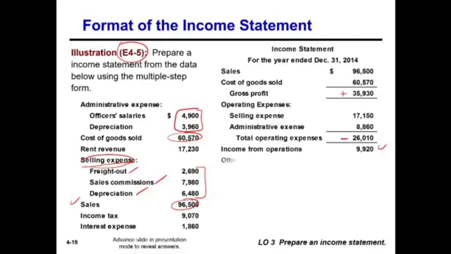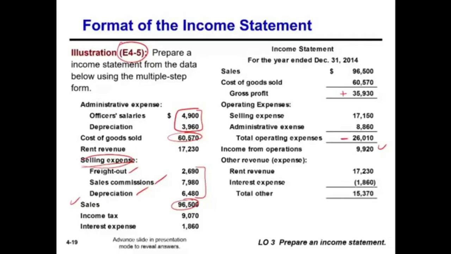Then we would list other revenues and expenses. We have rent revenue, we have interest expense, and total other, which is positive. Notice this company is not doing, I'm not saying it's not doing well, but they're making more revenue from things they're not in the business of.